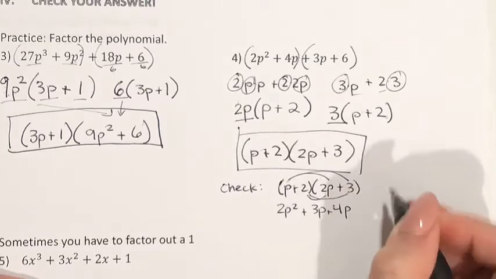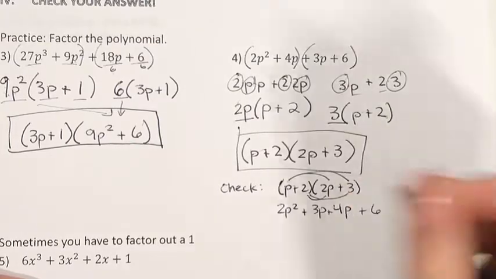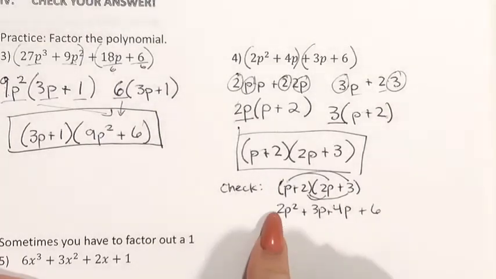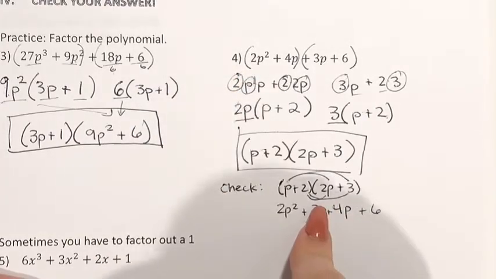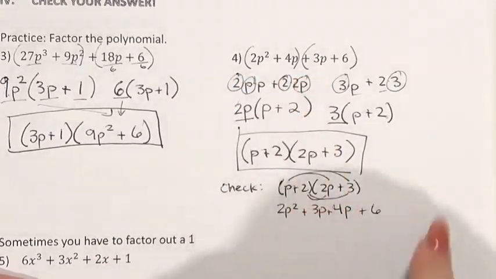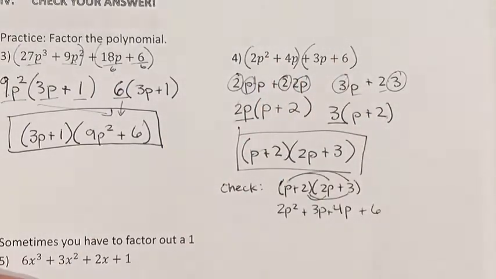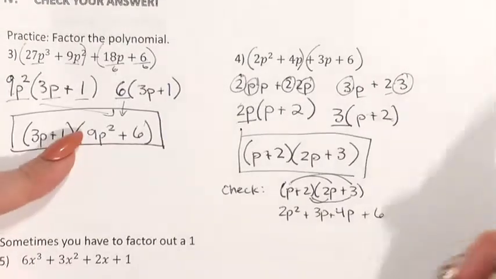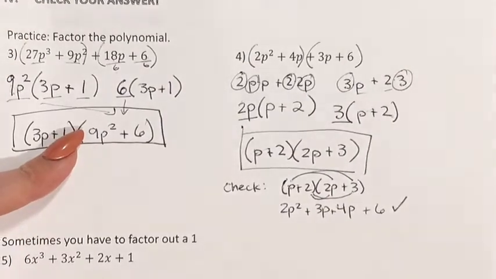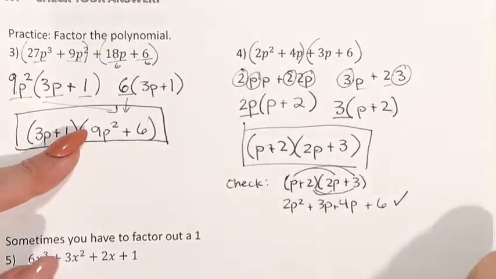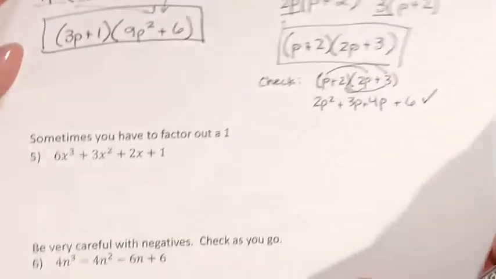And then 2 times 3 is 6. And so then we see it matches. 2p squared. My p's are in different places, but that's okay. I have 3p, and I have 4p, and I have 6. So I have all my parts. And you could flip those in the other way and it would still be okay. So we're good. So you can always check it. If you're taking your test, you want to make sure you did it right. You can always FOIL it to make sure.